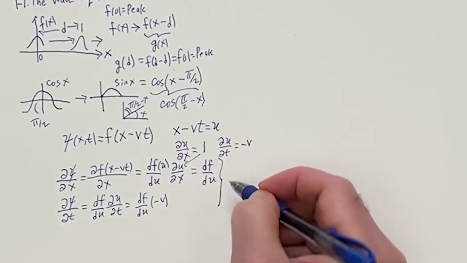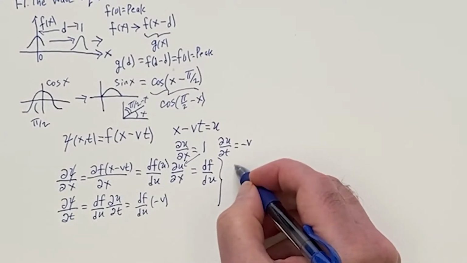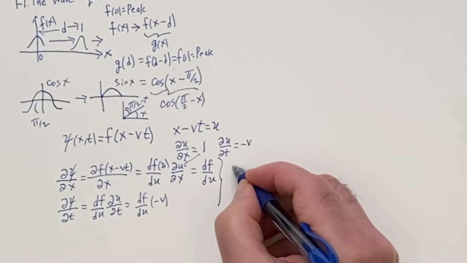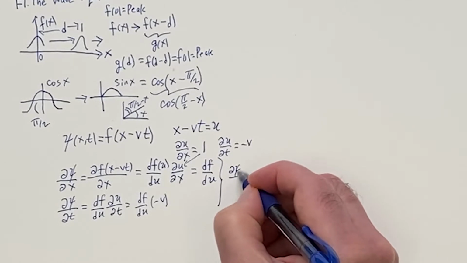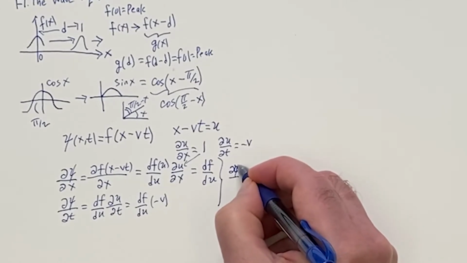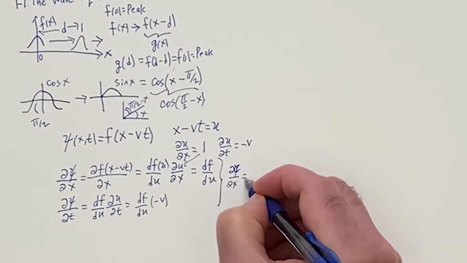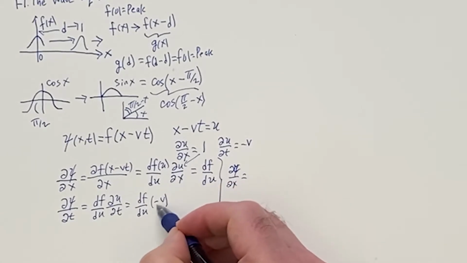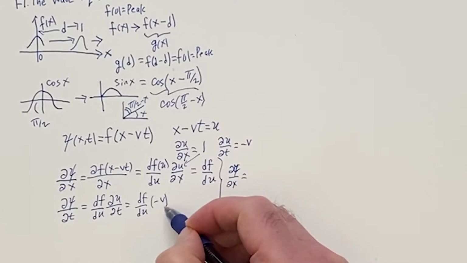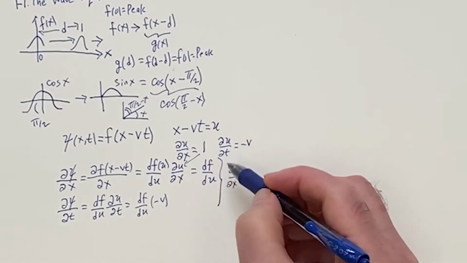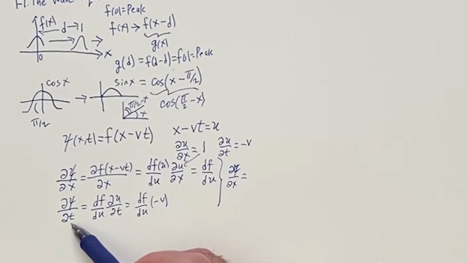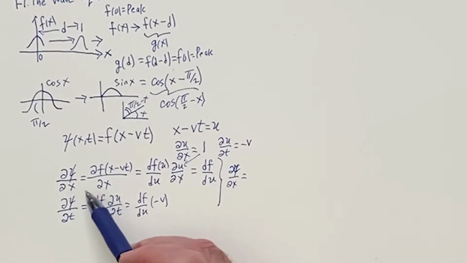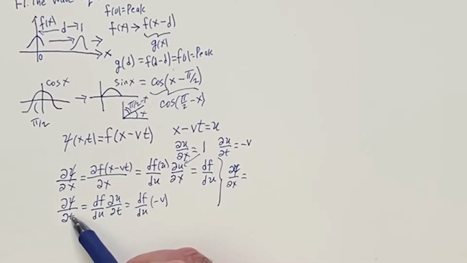So you can make a differential equation and say that the partial of psi with respect to x, you would need to have this minus v in there. To get that minus v in there, what you would do is, if you had this times 1, you need to get rid of that.